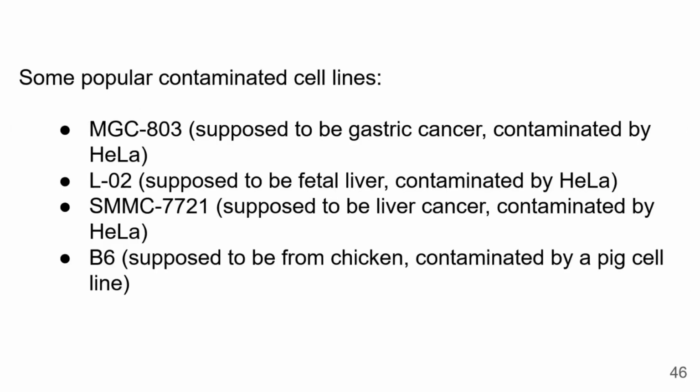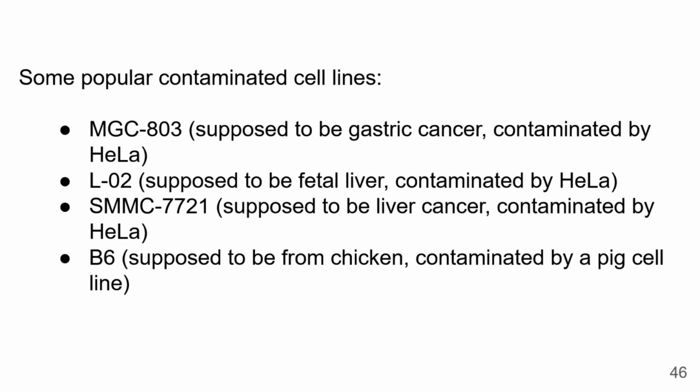There are plenty of other contaminated cell lines. If you want to read more about it, go to ICLAC's guide on contaminated cell lines. But here's a few examples. Most of these, or a lot of contaminated cell lines, are gastric cancers. I'm not exactly sure why, but another example of a contaminated gastric cancer cell line, also contaminated by HeLa, is MGC803.